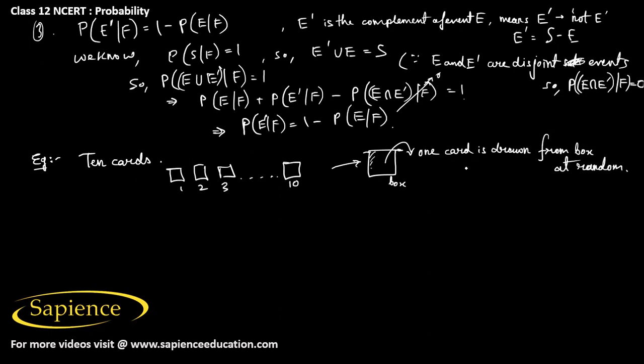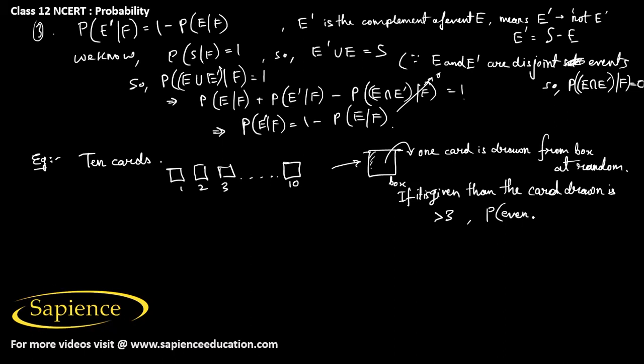Then if it is known that the number on the drawn card is more than 3, what is the probability that it is an even number?